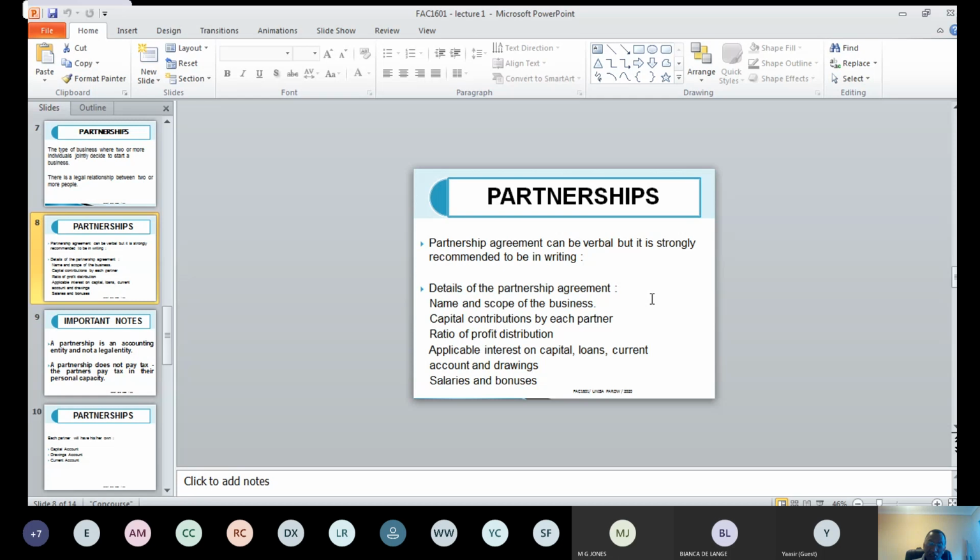If one of the partners has made a loan to the business, what is the interest rate on that? What's the interest rate on the current account? What is the interest rate on the drawings? Or how much are the salaries that they must get? Are there some partners that are entitled to a bonus? All of those items will be contained in the conditions of the partnership agreement.